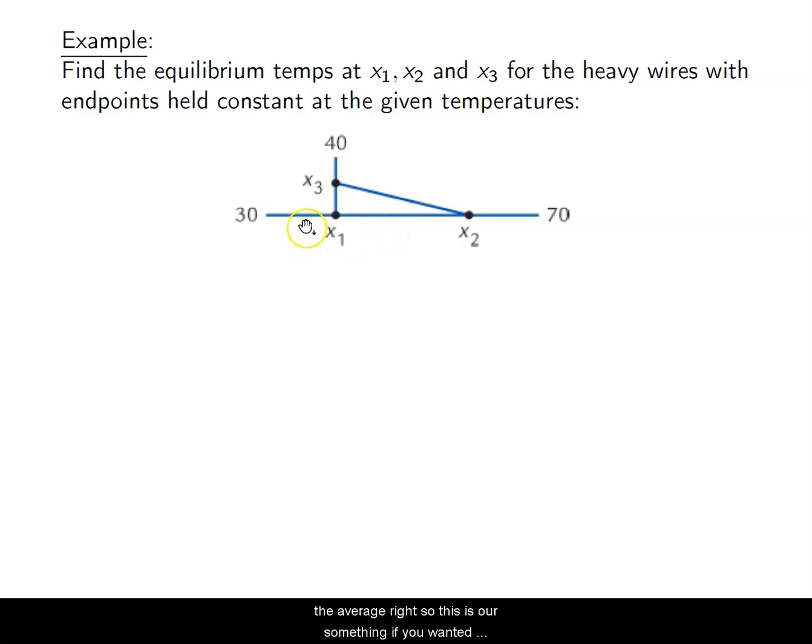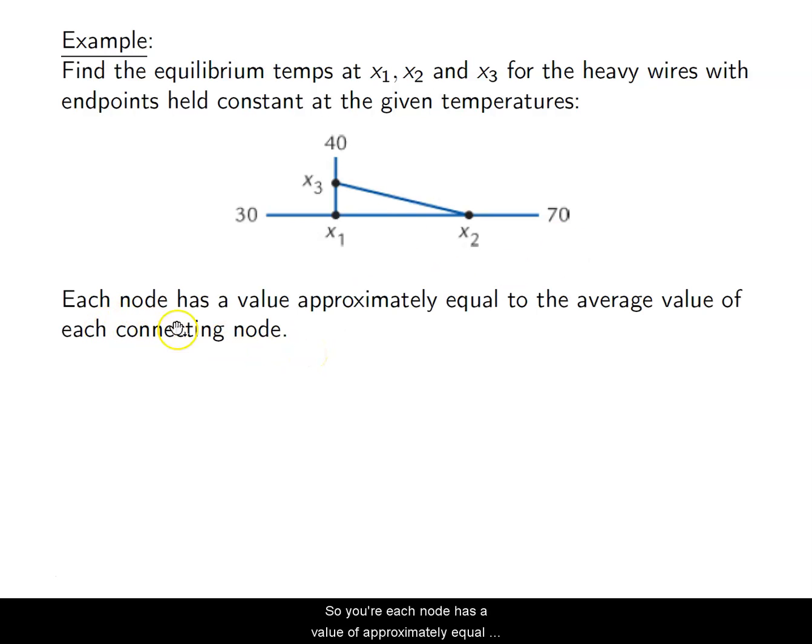If we wanted to know the exact value, that would be a partial differential equations sort of course. We're talking about heat flow through a rod or a wire, which we're not doing in this class. So here each node has a value approximately equal to the average value of each connecting node. That's a good enough approximation for what we want to do right now.